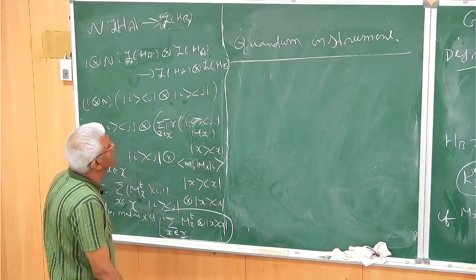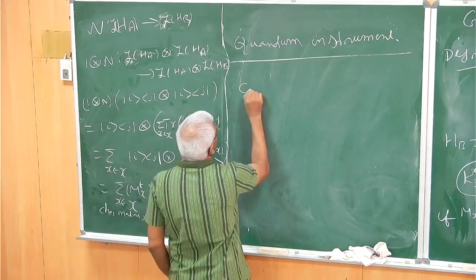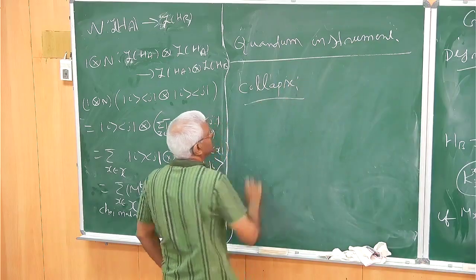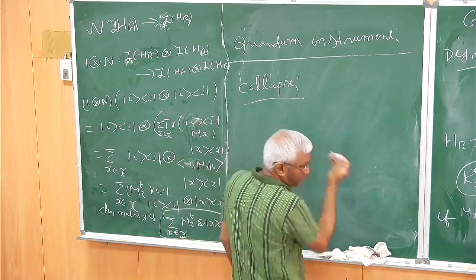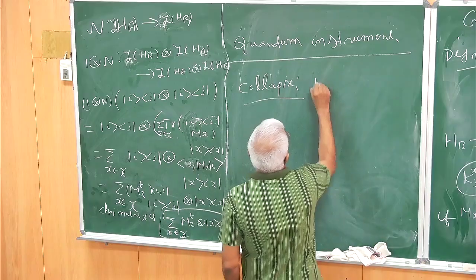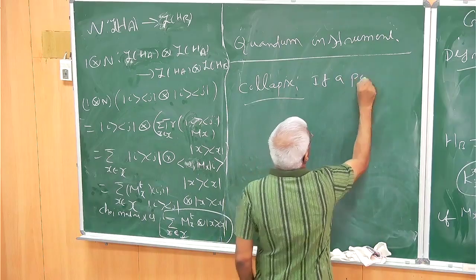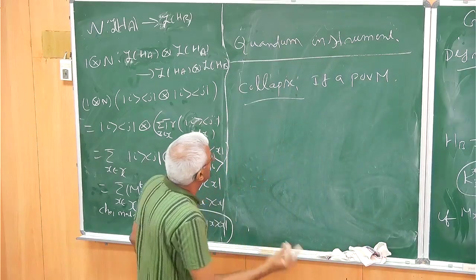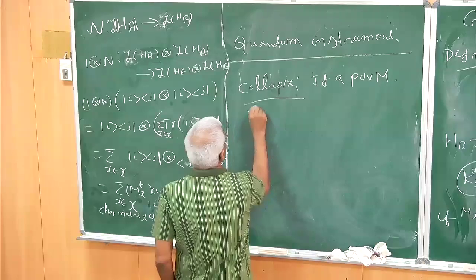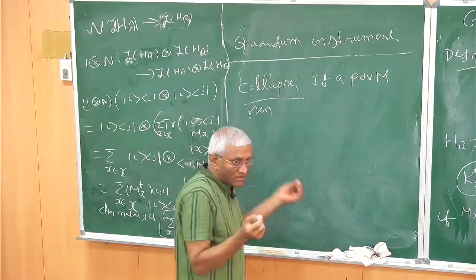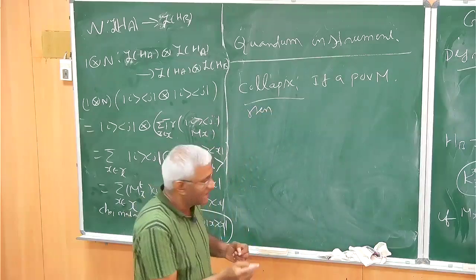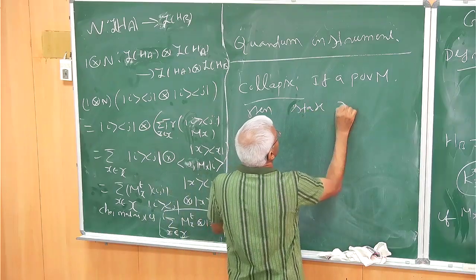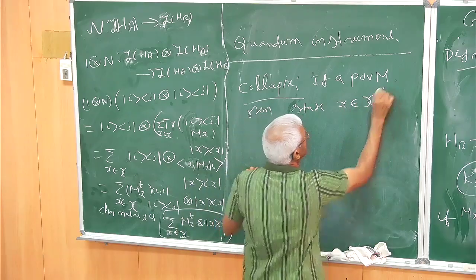Before that, we want to talk about the collapse postulate. Collapse postulate is: if a POVM, positive operator valued measurement, is performed and you measure the state, x is the outcome.